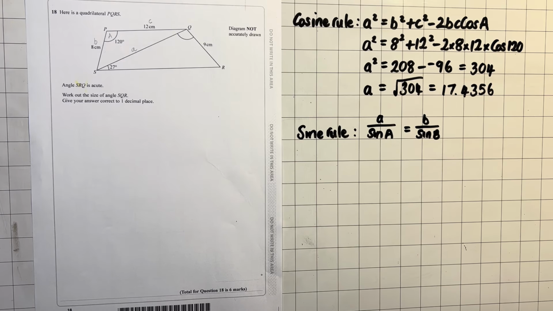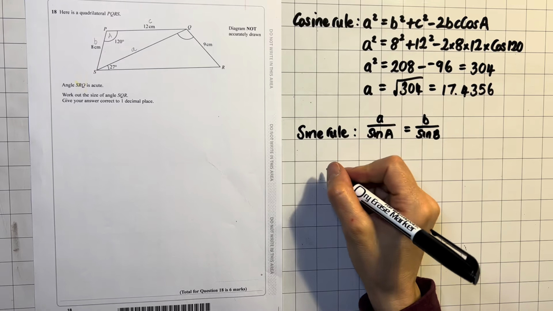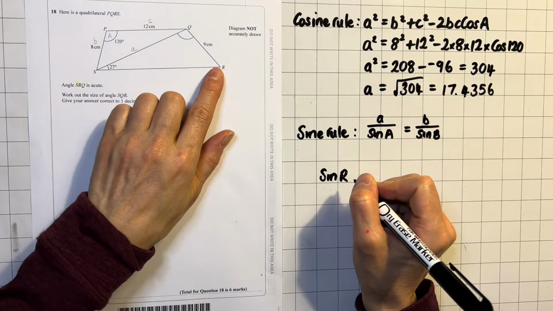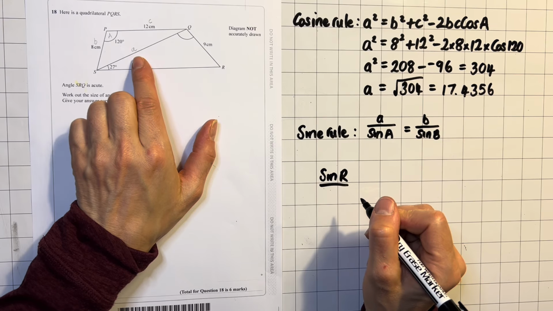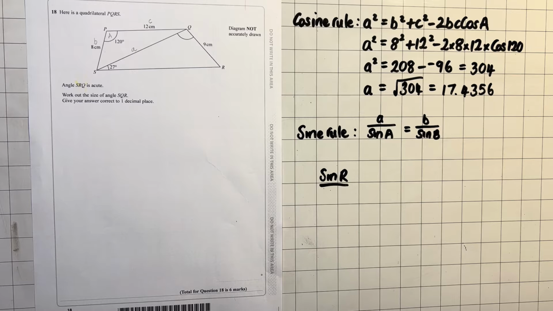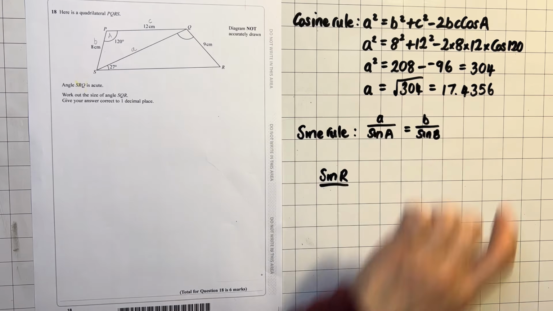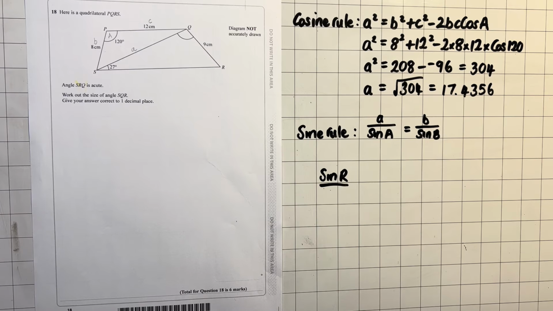We can switch these round so the sines of the angles are on the top with their respective opposite measurements on the bottom. This means we can say sine of the angle R over the length A, where we know A is equal to square root 304 or 17.4356.